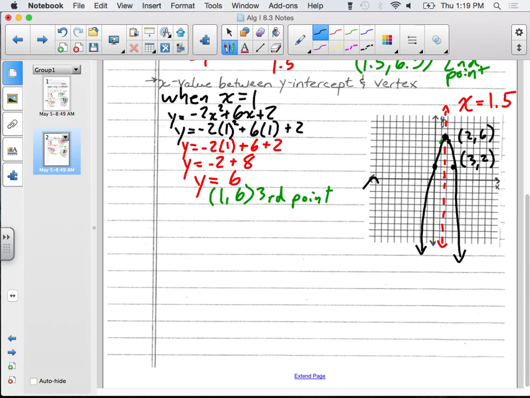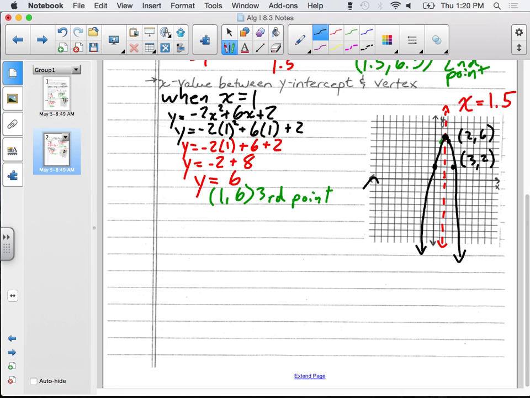Alright. A couple things I want to mention. These are the 2 points that we found using everything else on our notes. Then we use the symmetry to find our other points. So what is the same about the point we started with and the point that we use symmetry to find?